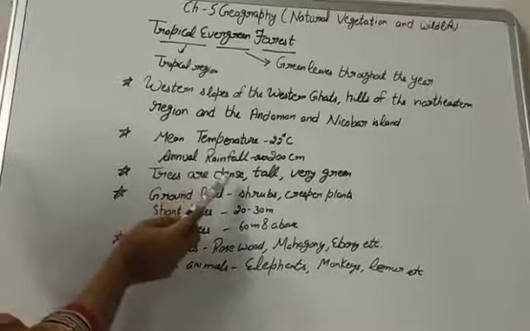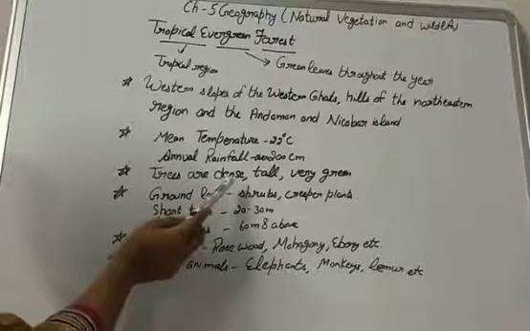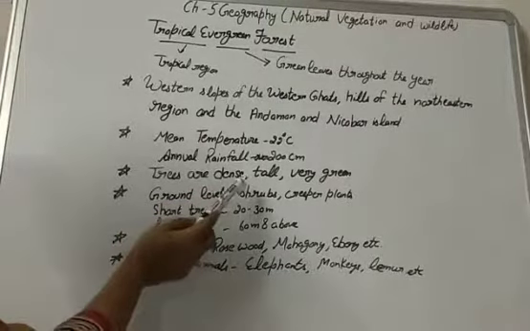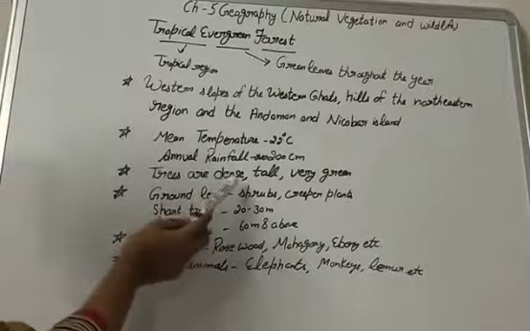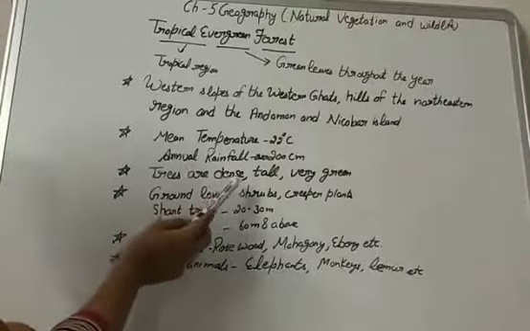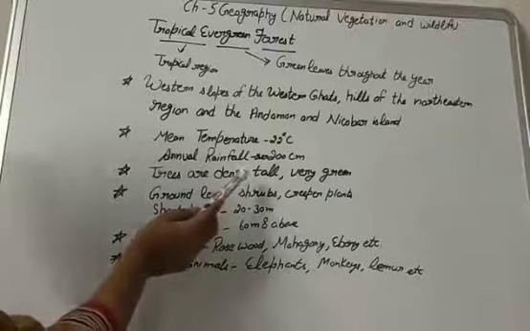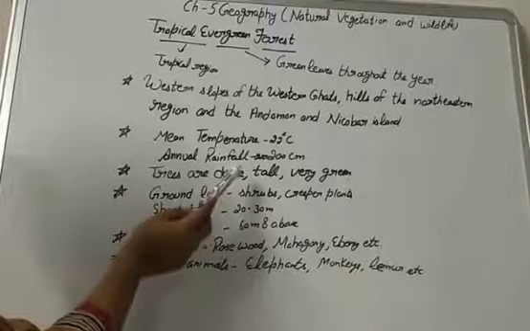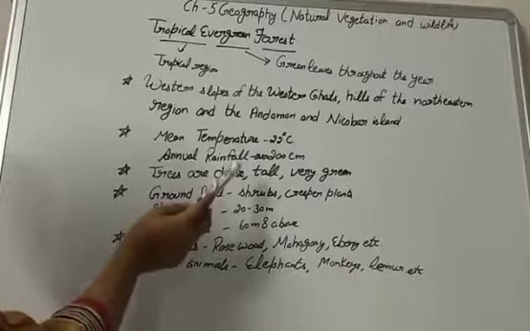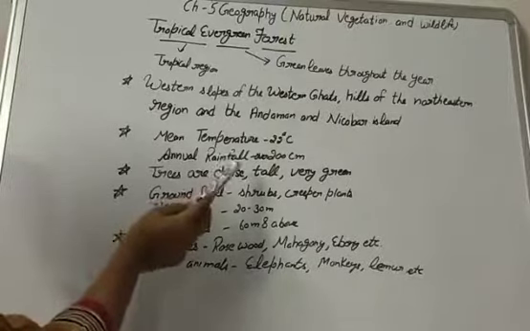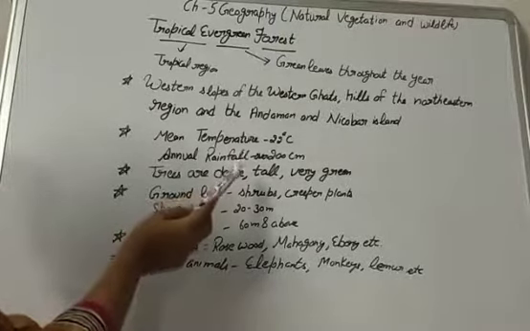Overall, what we need to understand is that as the temperature increases, the process of evaporation also increases. That means moist areas like tropical regions have a high evaporation rate, and a high evaporation rate means a high amount of rain, and if the evaporation rate is less, the amount of rainfall is also less.